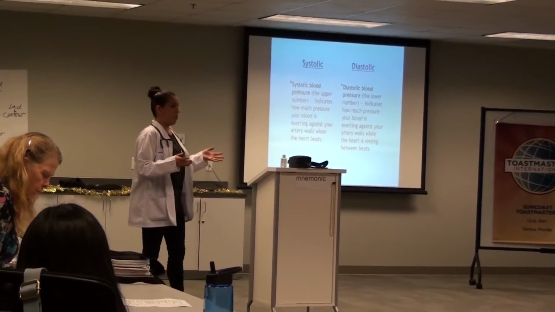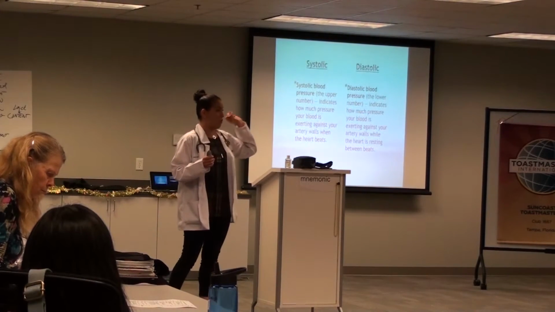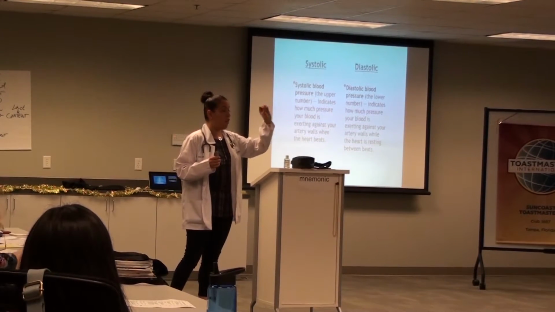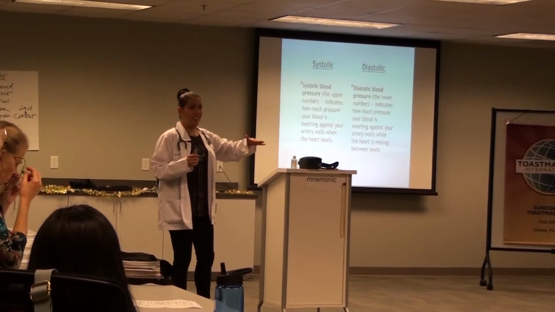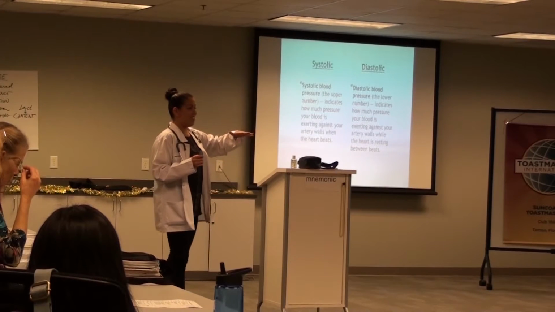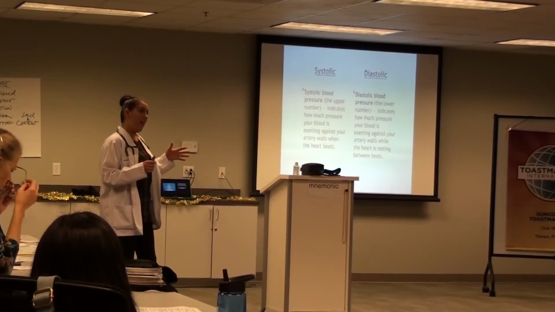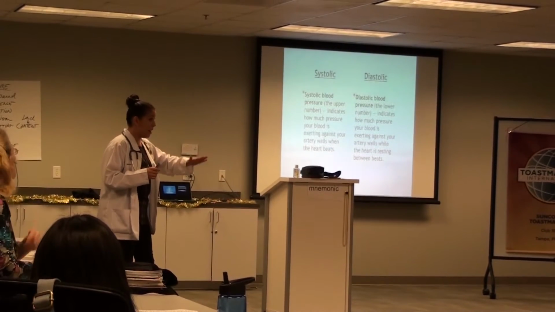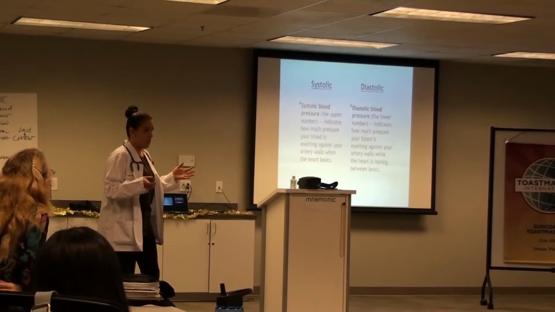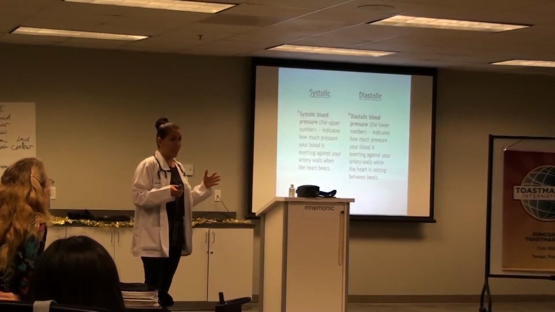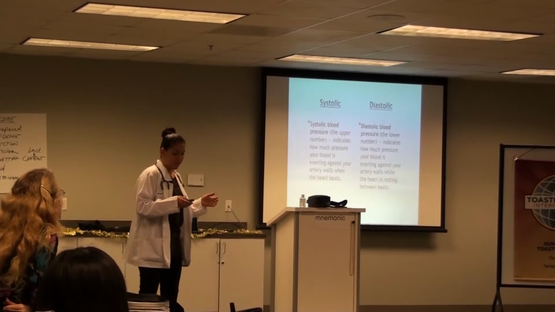So I go through this with my students. The systolic is how much pressure is going through the arteries of your wall, of the wall arteries, excuse me. The diastolic is the part that actually tells the doctor how relaxed your heart is. So if you have a diastolic, which is the bottom number, let's say 100, would you think that heart is relaxed? No, not at all.